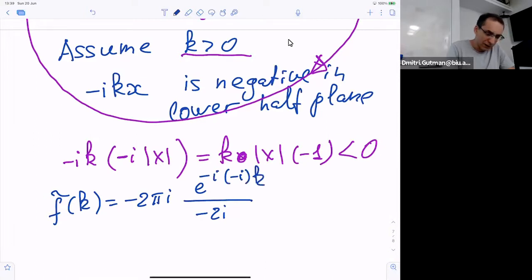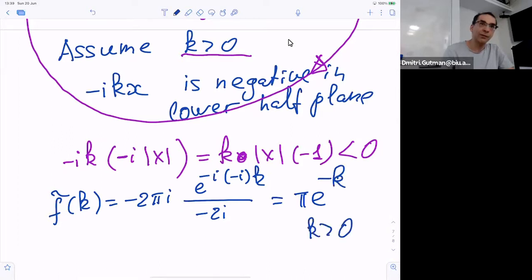So altogether it will be pi e to the power minus k, and here we assume that k is positive. Any questions so far?